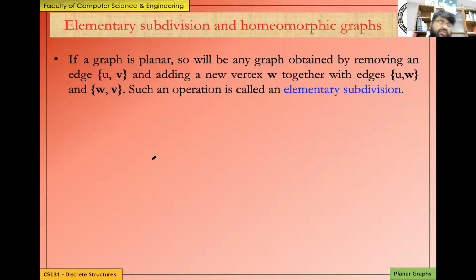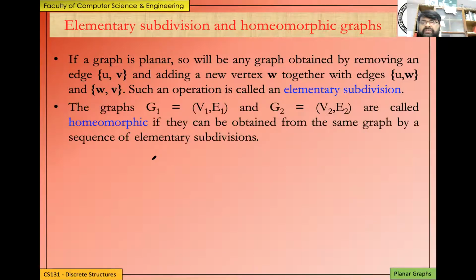So planarity is not lost if you divide an edge into 2 different edges using a new vertex, and that is possible through elementary subdivision. The graphs G1 equal to V1, E1 and G2 equal to V2, E2 are called homeomorphic if they can be obtained from the same graph by a sequence of elementary subdivisions.